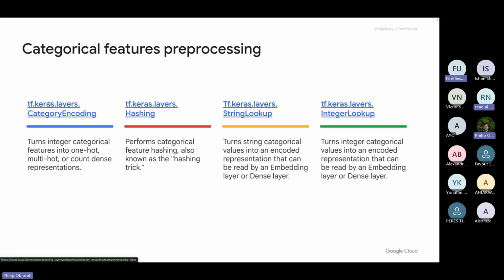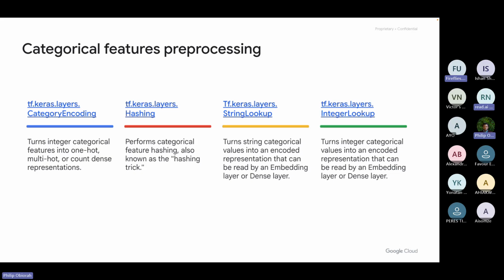I already mentioned that we have the category encoding that uses one-hot encoding or multi-hot encoding or count representation. Yes, so that's for the category encoder. So let's say once you have these integer indices, right, you might want to have a dense representation.